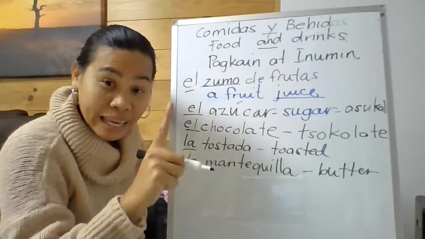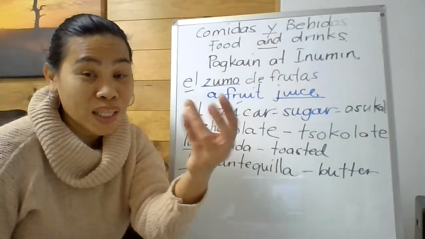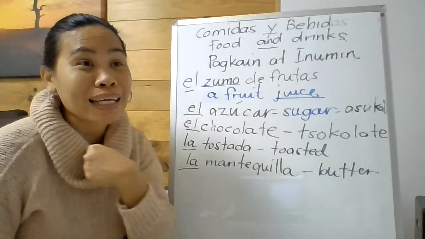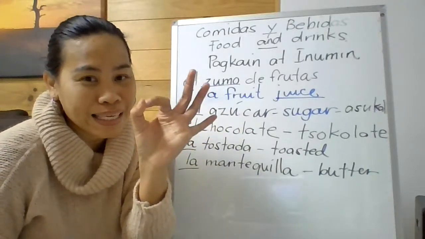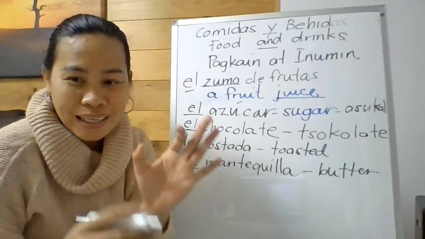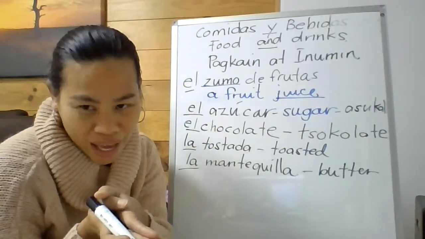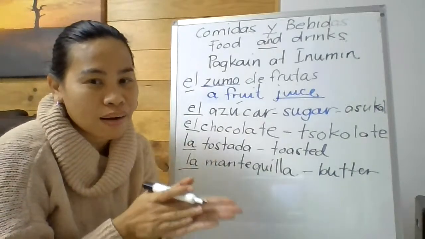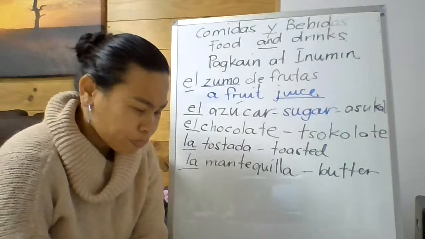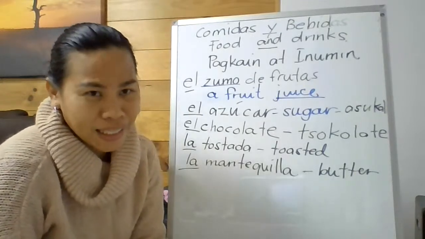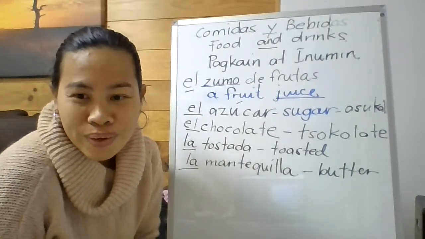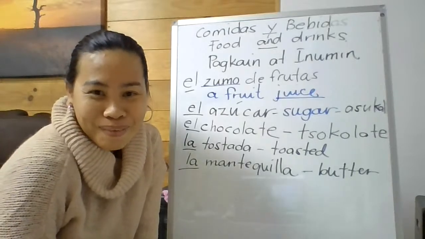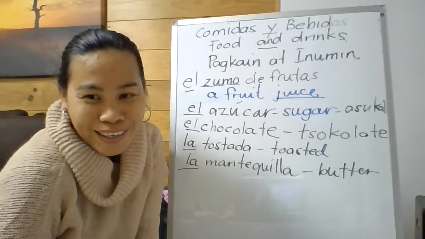Pan de sal is the bread with salt. Pero sa ating mga Tagalog, ang pandesal, yung maliliit na tinapay. Yeah, butter is milk fat. Yes, it's a milk fat. And margarine is made from vegetable. So, ayan. Thank you, Giselle, for that information.